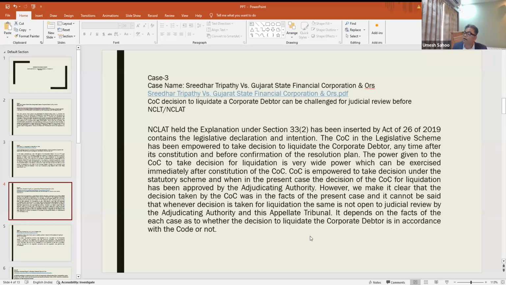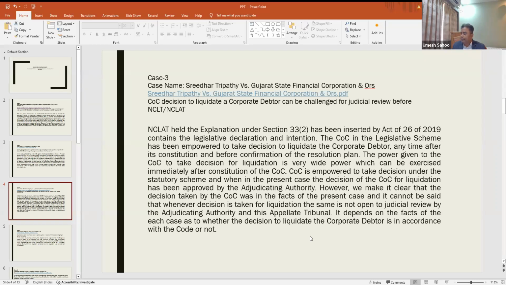The COC has the power to take the decision. Simple. You will also get relaxed regarding the money compliances. But you have to assume that this amount is budgeted and this amount may be realized, but it will not meet the cost. Under this, the COC will approve the liquidation.